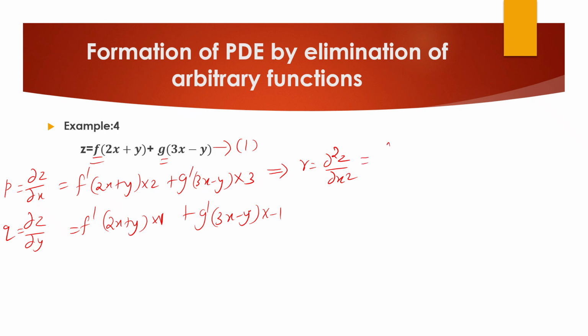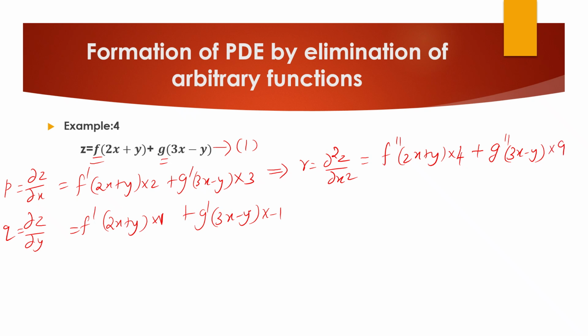which is equal to f double dash of 2x plus y into 2, again already we have 1 2, so it comes as 4, plus g double dash of 3x minus y into 3, again already we have 1 3, so that comes as 9.